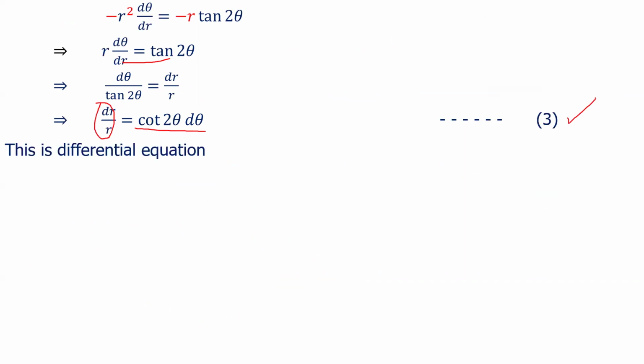So this is the differential equation of the orthogonal trajectory of the given curve. Now if we solve this differential equation and get its general solution, then we will get the equation of the orthogonal trajectory of the given curve.